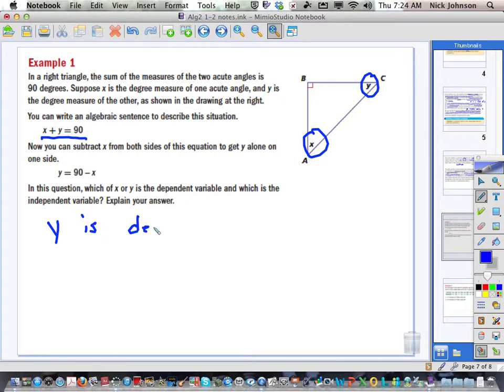Why? Because we don't know y unless we know x. So y is dependent on x. That makes x the independent variable.